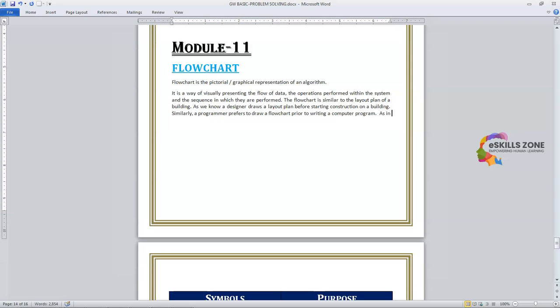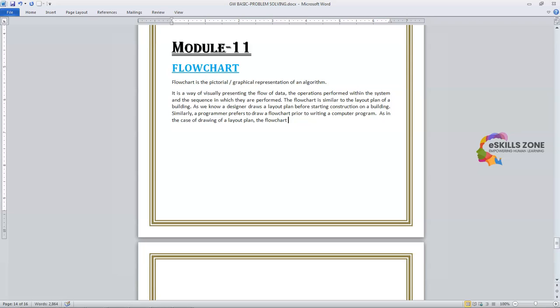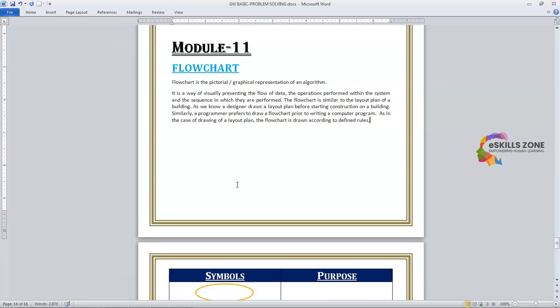As in the case of drawing a layout plan, a flowchart is drawn according to defined rules. So there are some precise rules through which flowcharts are drawn.